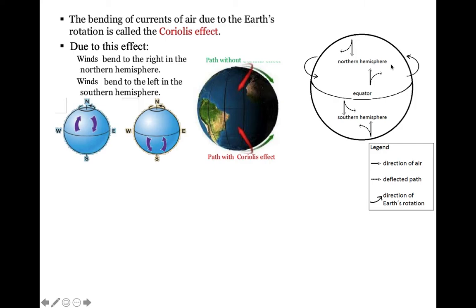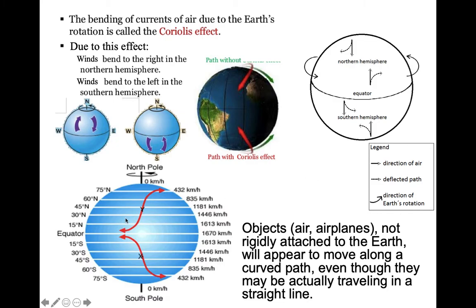So the pilot might end up not in Chicago, but farther to the east because of the Coriolis effect. So objects, air, airplanes, and as we'll see later on, ocean currents, basically move along a curved path, not in a straight path.